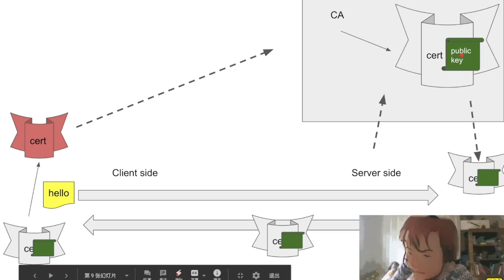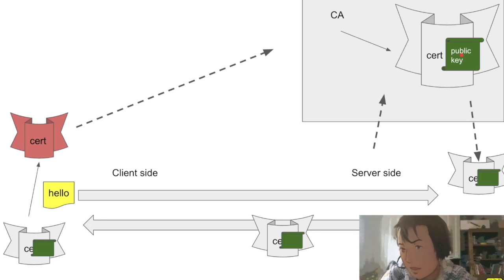What is a certificate? A certificate is kind of like an envelope, and on top of the envelope, the CA puts a stamp. The stamp belongs to the CA. It's the name of the CA. People who see the stamp and know the CA will know this is something proved by the CA, and people will trust it.